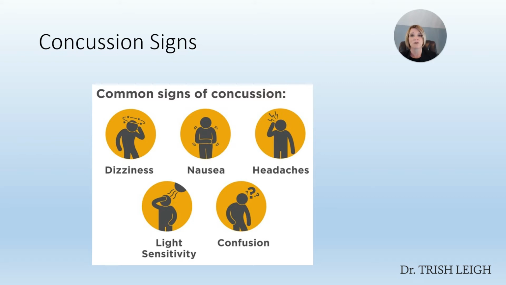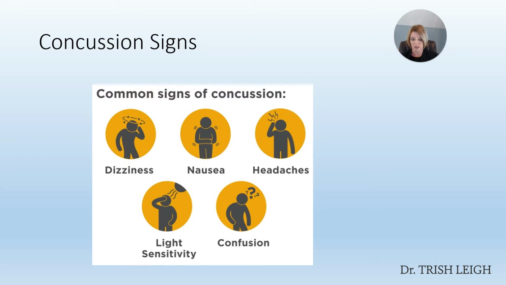Now, my question for you is, why do you think these are the signs? It's because the brain is no longer working properly. Yes, it's due to the initial physical damage, but these symptoms can continue long after the brain's physical aspect has healed because it has a functional injury.